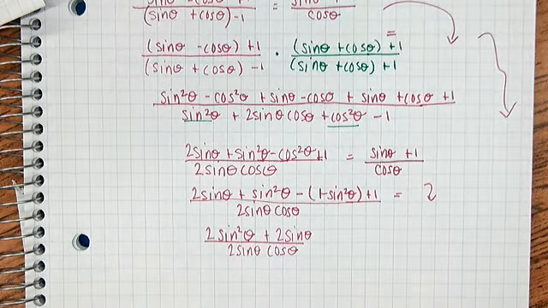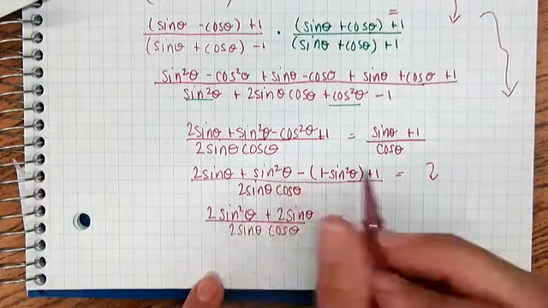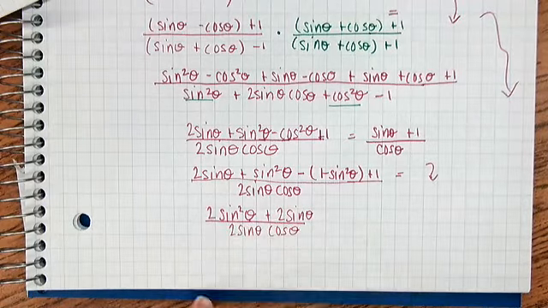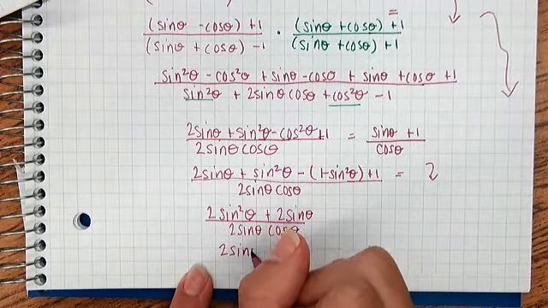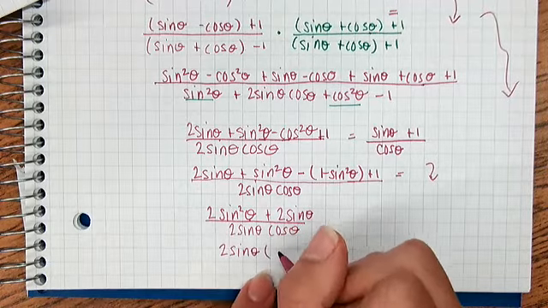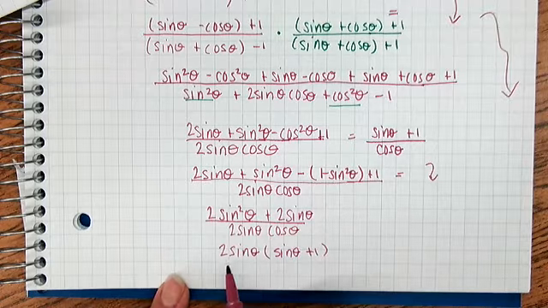Factor out a 2 sine. By the way, don't skip too many steps. I'll take a close look at your homework and I'll let you know, hey, you're skipping too many steps. And this is sine. There it is, baby.